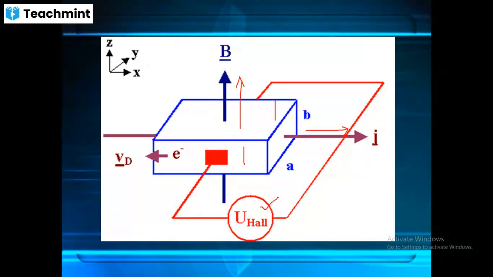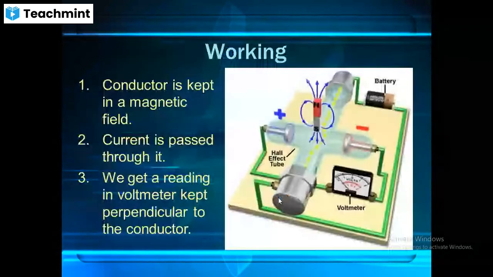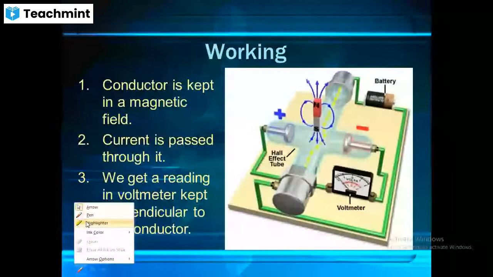And if you connect a voltmeter here, we'll be able to observe a voltage in this direction. That is what is called the Hall voltage. This phenomenon is what is known as the Hall effect. We have discussed this with the help of a diagram. Here we have a Hall tube.